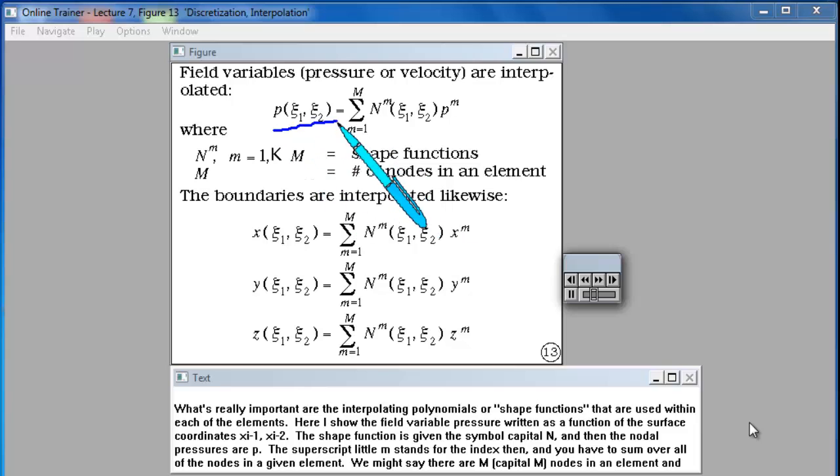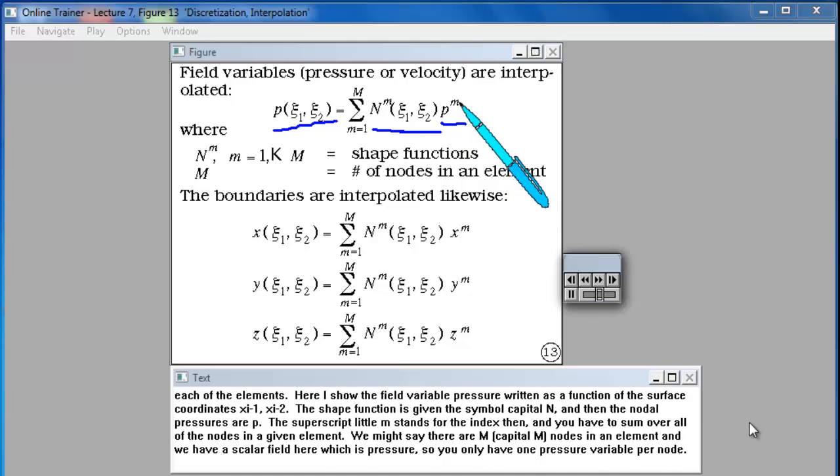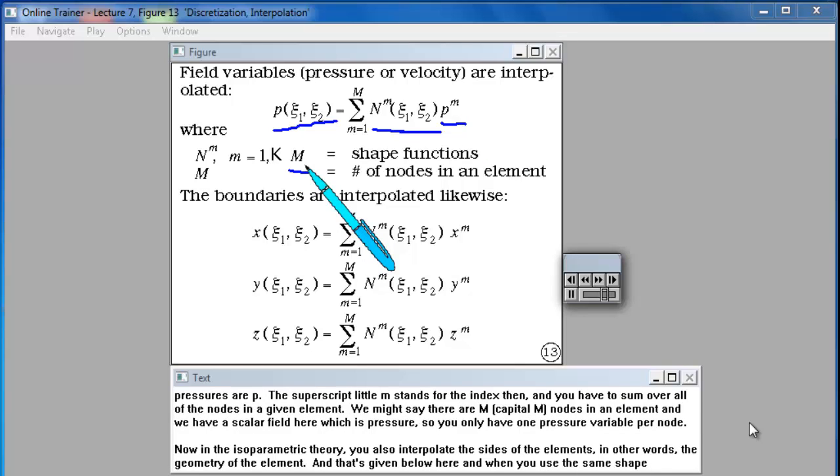Here I show the field variable pressure written as a function of the surface coordinates zeta 1, zeta 2. The shape function is given the symbol capital N, and then the nodal pressures are P. The superscript little m stands for the index then, and you have to sum over all of the nodes in a given element. We might say there are capital M nodes in an element, and we have a scalar field here, which is pressure, so you only have one pressure variable per node.